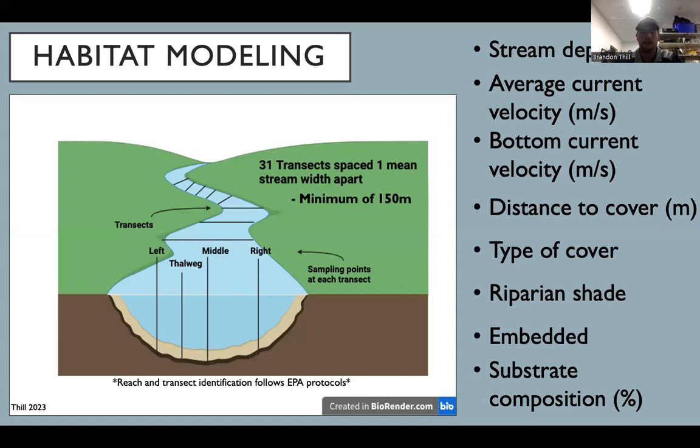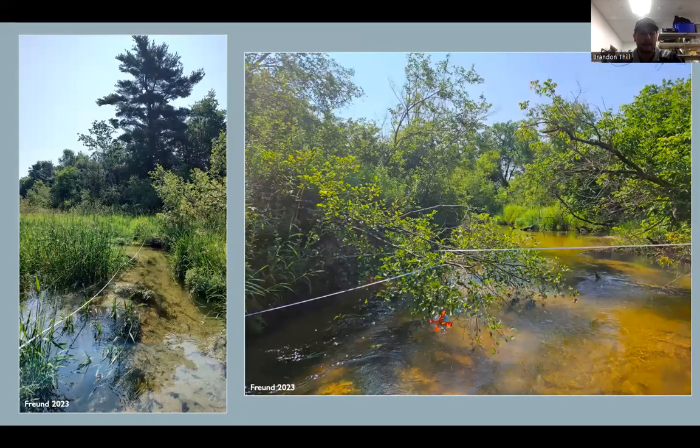So to kind of visualize this, I've added these pictures, and on the left is our reach tape. So that's that 150-meter long measuring tape, which we use to measure out our transects. And on the right, we have our transect tape going perpendicular to the stream, which we used to measure out the left, middle, and right points.